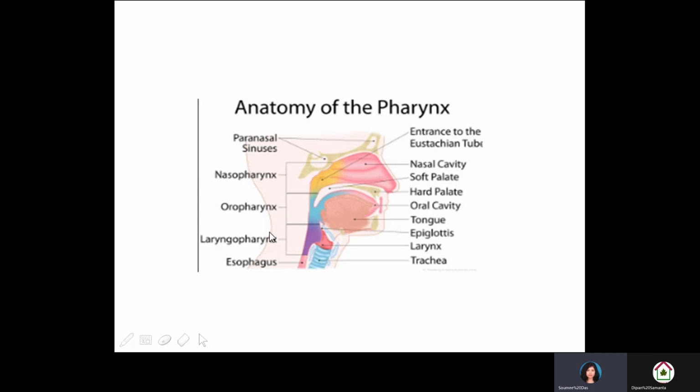Okay, so this portion is known as the laryngopharynx. So this is nasopharynx because this is the nasal area. This is the oropharynx because this is the oral area, and this is the laryngopharynx because this is the laryngeal area. Okay.